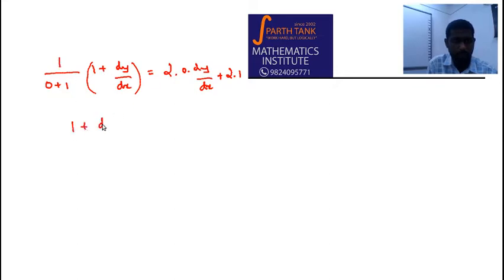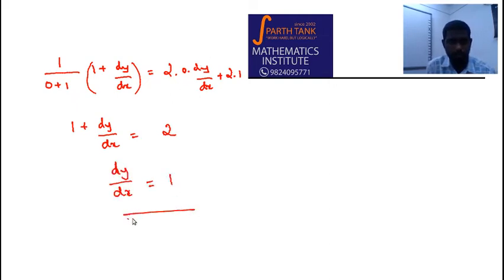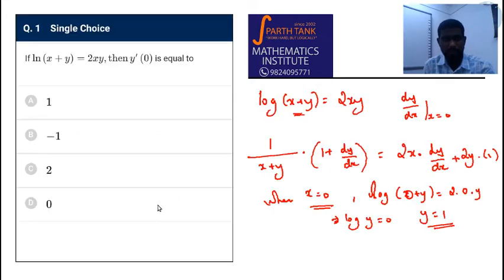So I have 1 plus dy by dx is equal to 2, this is 0. So dy by dx is equal to 1 at x is equal to 0. Okay. So the answer is 1, option A. Remember, don't waste your time trying to solve this for dy by dx and then substituting x and y. You can do that already here.